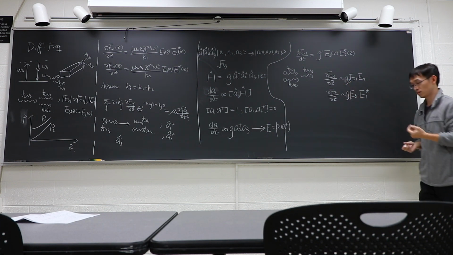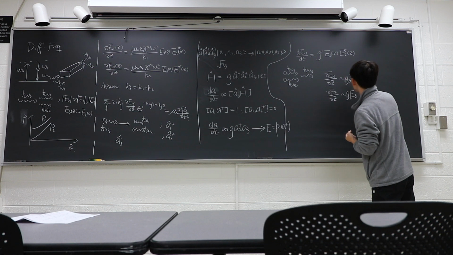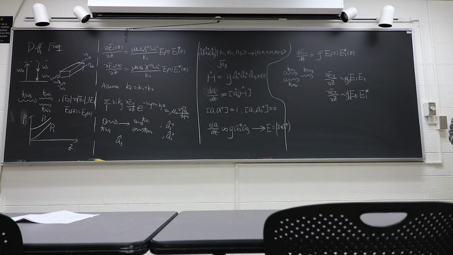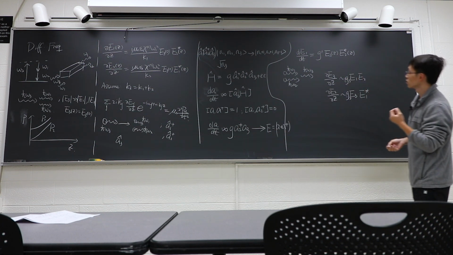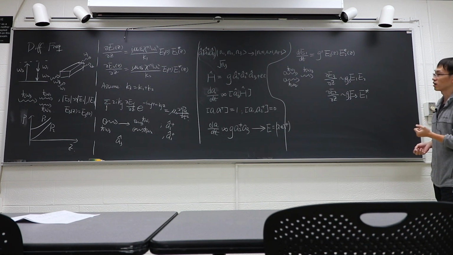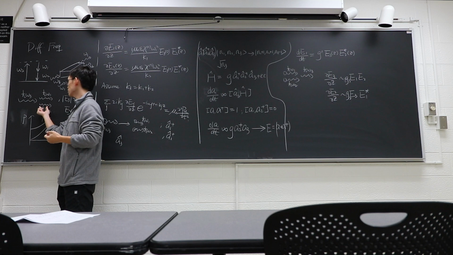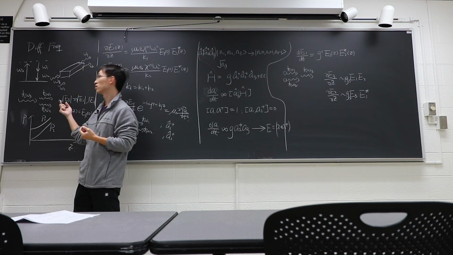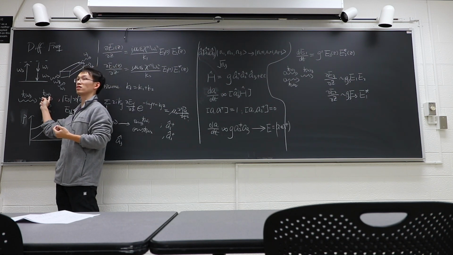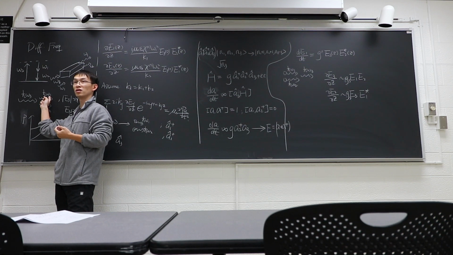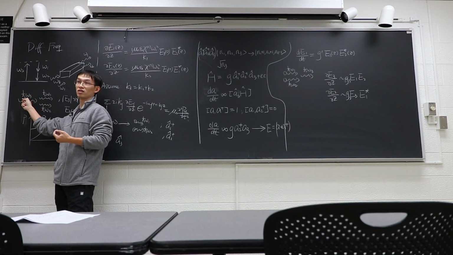The best way to solve it is to think about the conservation law. The number of photons created in omega 1 equals the number of photons you destroy in omega 3.